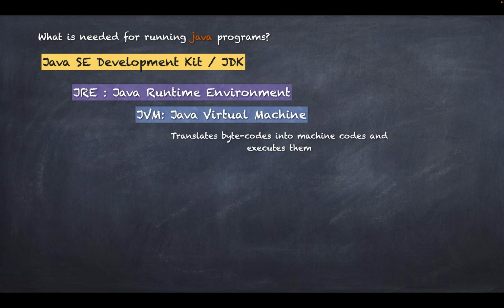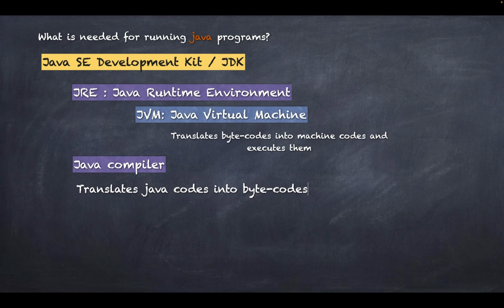So still we need a tool to translate human-readable Java code into byte codes, and that tool is called the Java compiler. It is a software program that translates Java code into byte codes and gives it to the Java Virtual Machine as an input, and the Java Virtual Machine understands those byte codes and executes them one after another.